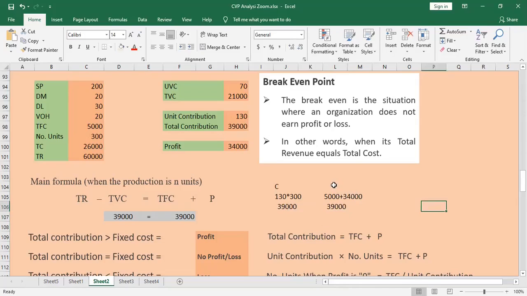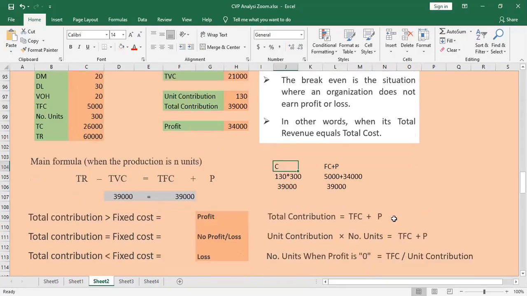So this side we have fixed cost plus profit, this side we have total contribution. So that's what I have given here. Total contribution is equal to total fixed cost plus profit. And then I have broken down total contribution into two: unit contribution multiplied by number of units. Here 130 is the unit contribution, 300 is the number of units, equal to the same thing, total fixed cost plus profit.